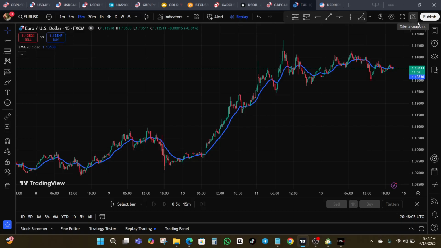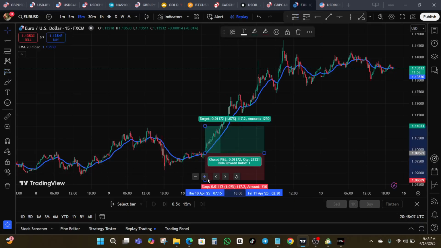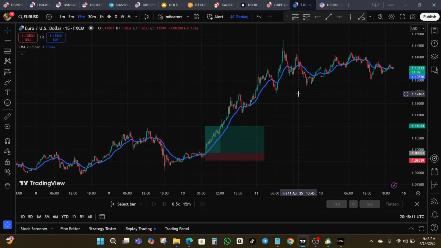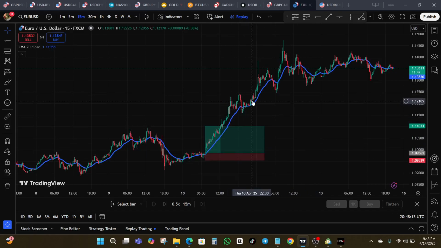Then you can use the long or short position tool to define entry, stop loss, and take profit levels. This gives you a visual representation of how the trade would have played out. Okay, now as price moves forward, you track how your trade would have performed.